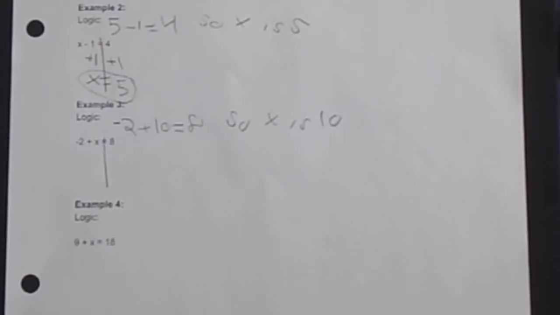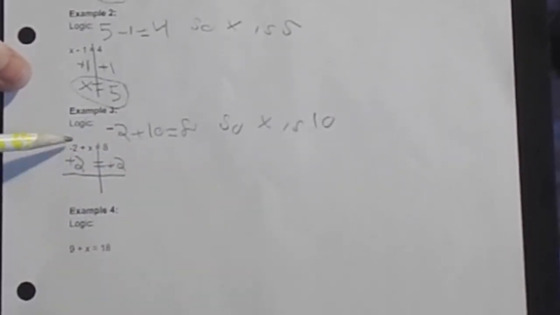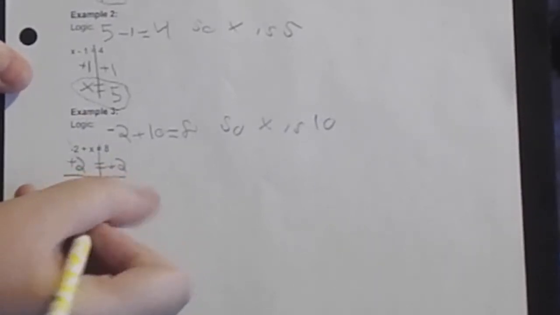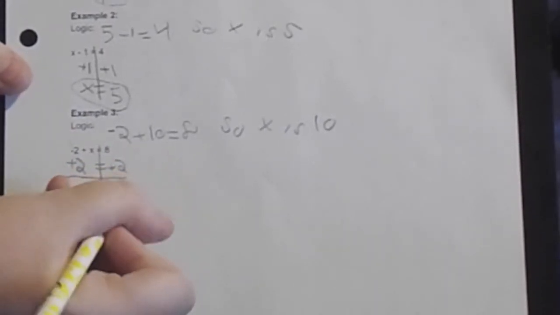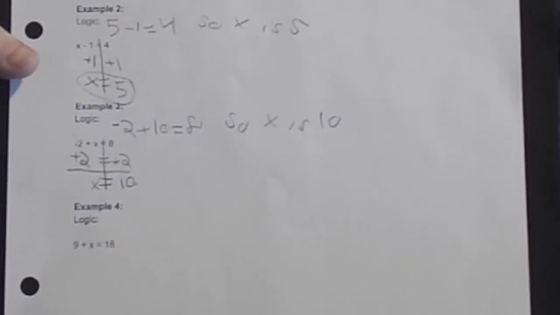And to undo something that's negative, I need to add it. Because negative 2 plus 2 becomes 0. But if I do it on the left, I also have to add the 2 to the right. So now, negative 2 plus 2 was 0, it canceled out. I'm just left with x equaling 8 plus 2, which is 10.